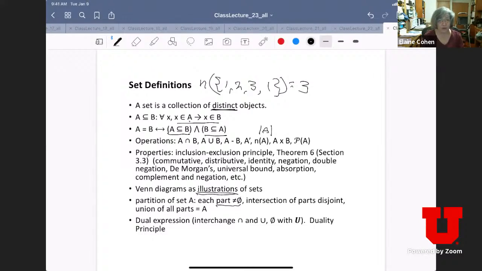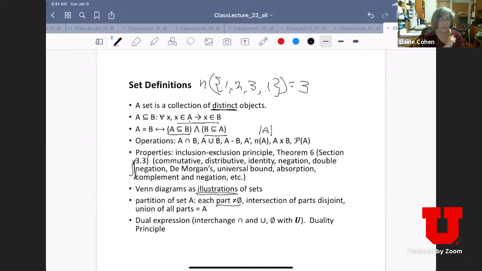The dual expression, remember, is where you interchange intersection and union, and the empty set with the universal set. And what's the duality principle? Anyone remember offhand? The duality principle holds for logical expressions. We had the same kinds of equivalences that worked for logical expressions.